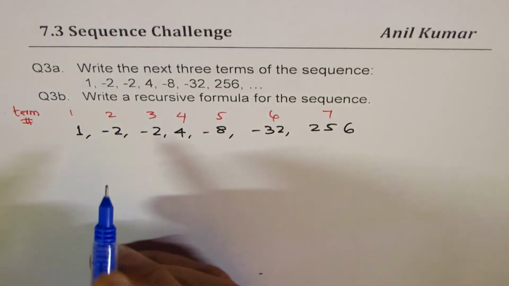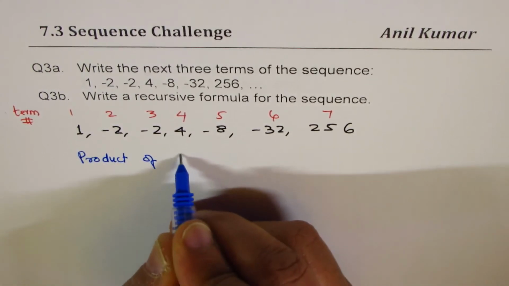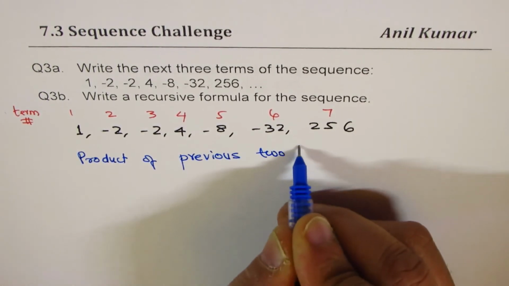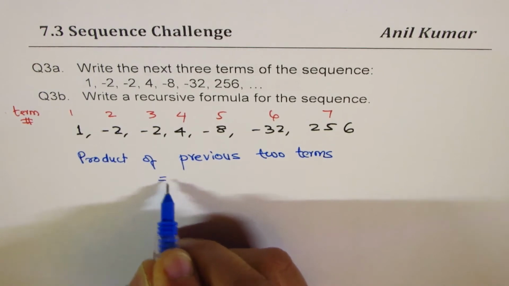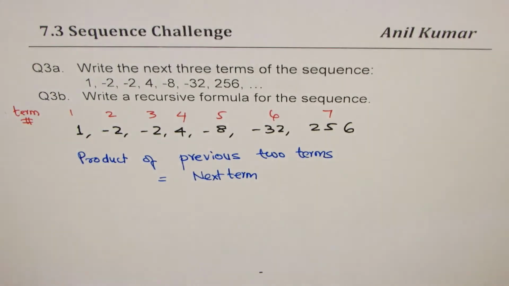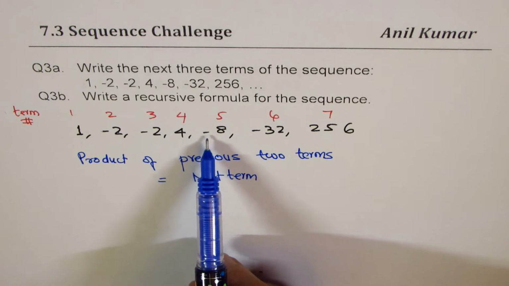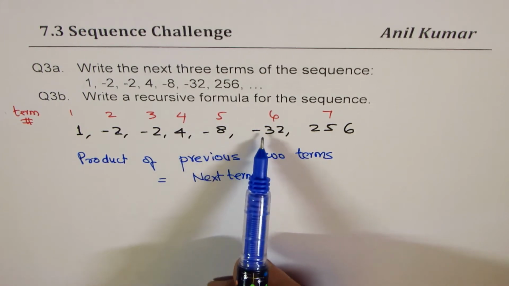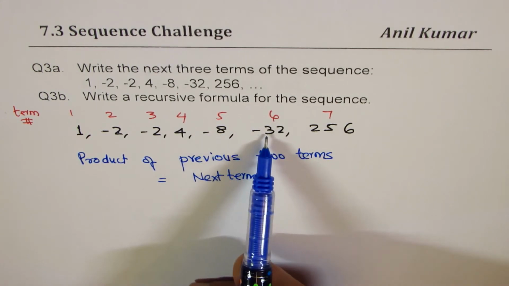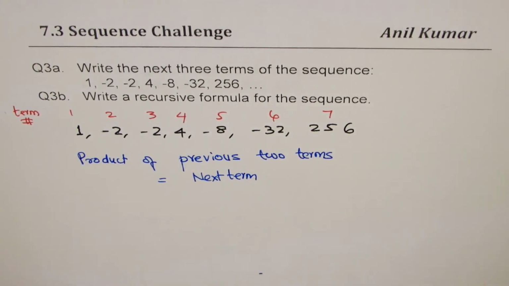So the pattern seems to be that the product of the previous 2 terms is equal to the next term. Correct? If I do 4 times 8, I get 32 with a negative sign since it is minus 8. When I multiply these 2, I get a positive sign. 8 times 32 is 256. It makes sense.